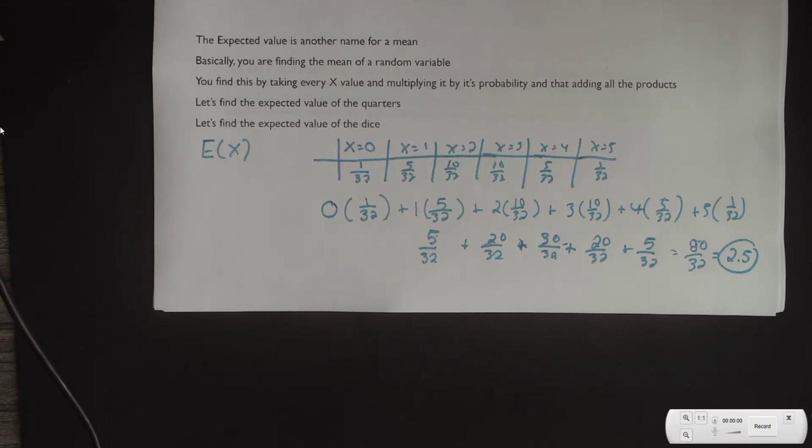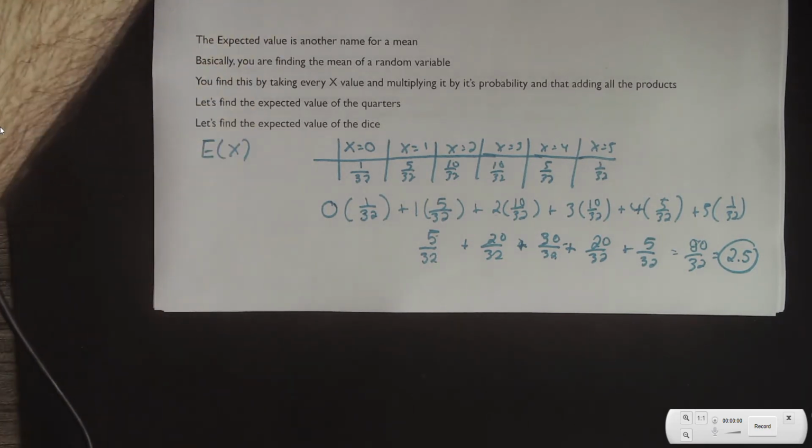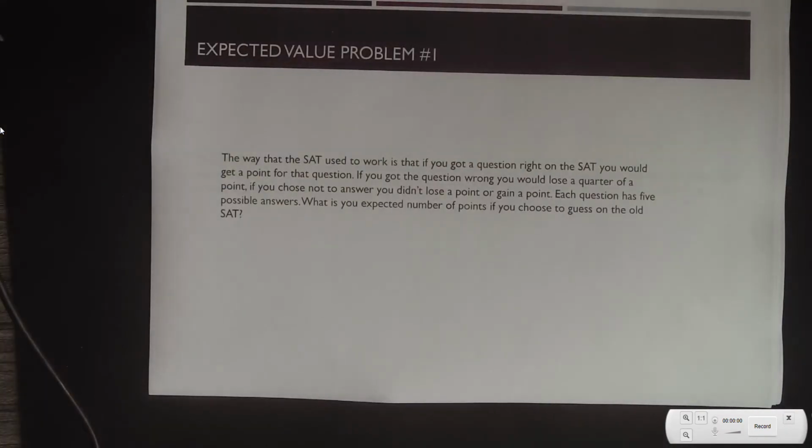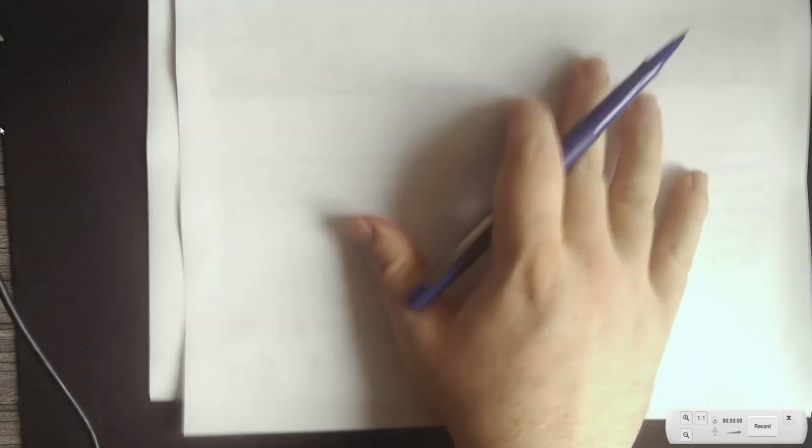heads on average. So let's look at the dice, and the dice will probably be a lot more what you think it should be. So I'm going to assume that you are looking at the dice right now.